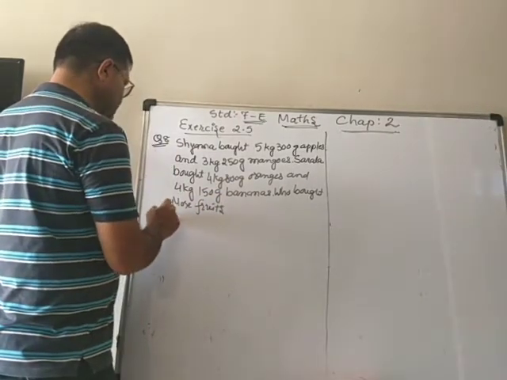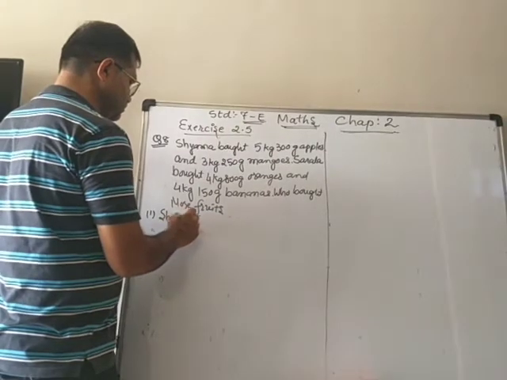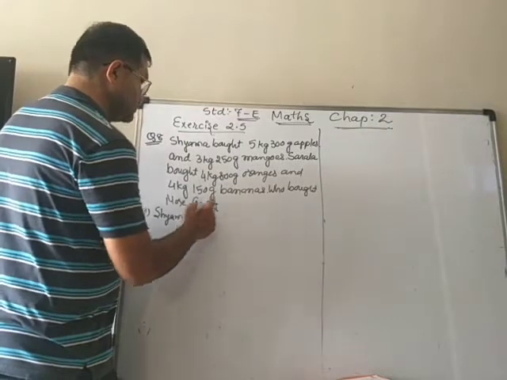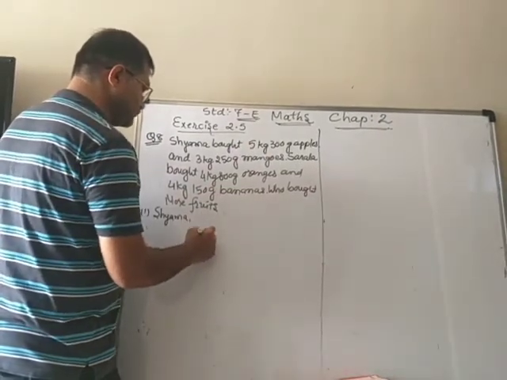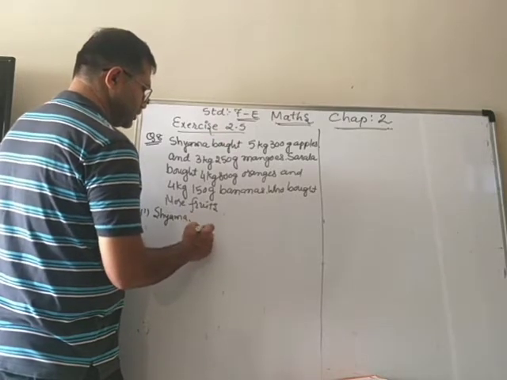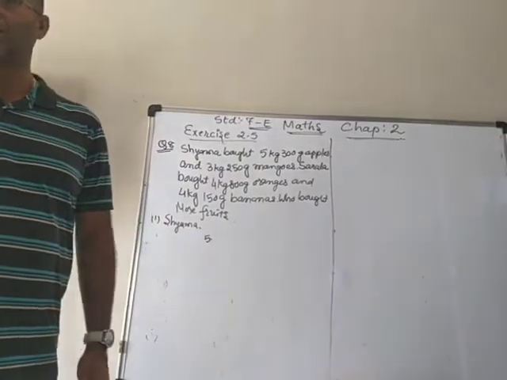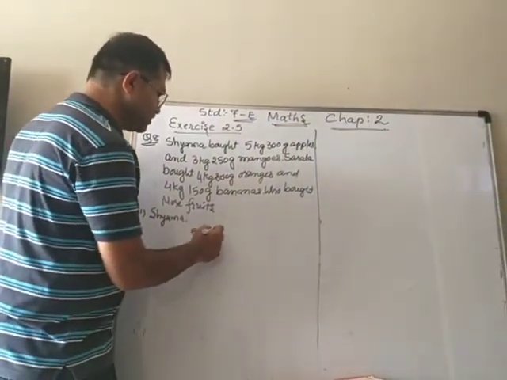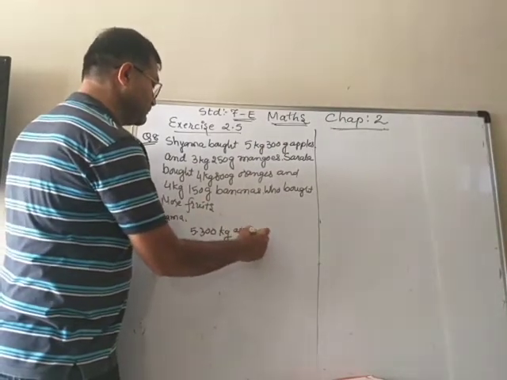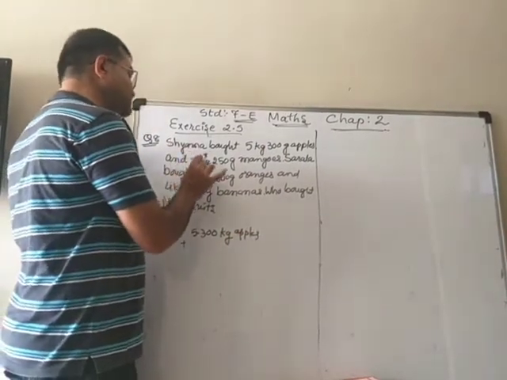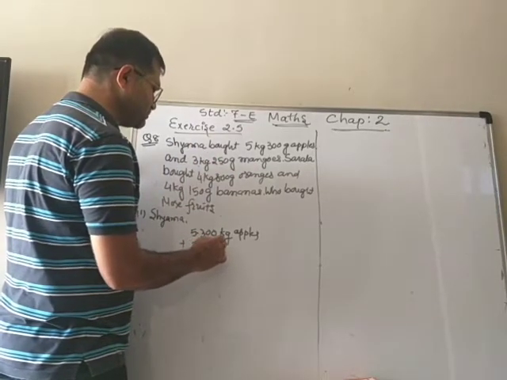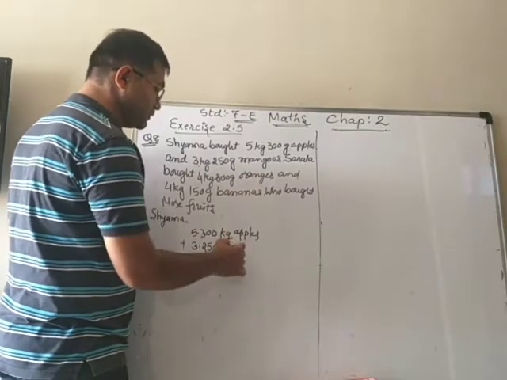So first we will find for Syama. So Syama, we have to total that. We know that 5 kilogram 300 gram means 5.300 kilogram apples plus, see what, 3 kilo 250 gram means 3.250 kilogram, that was mangoes.